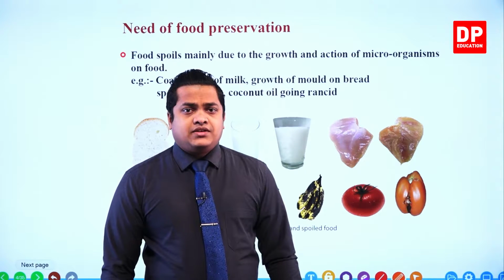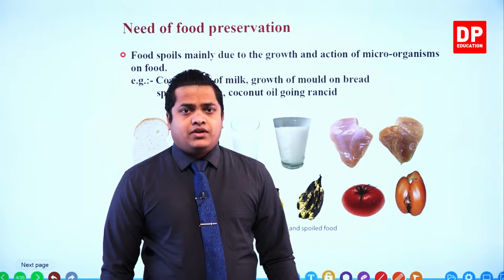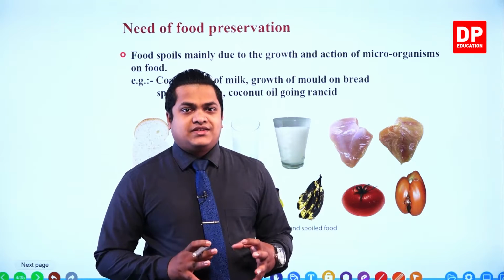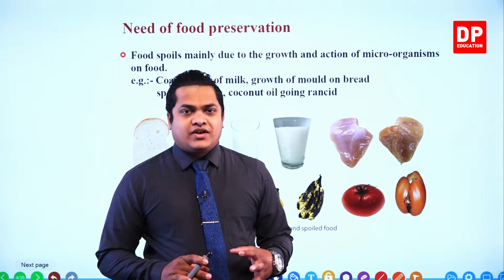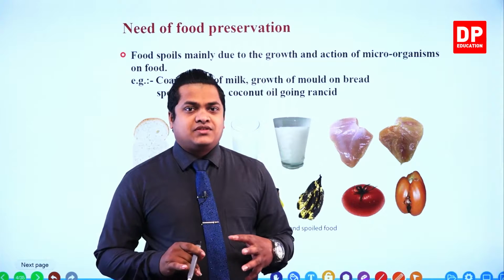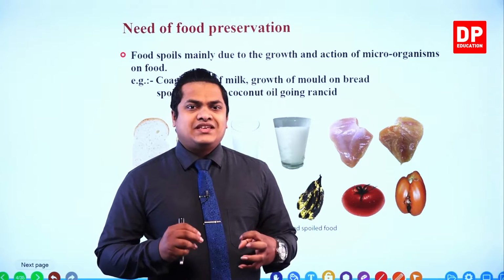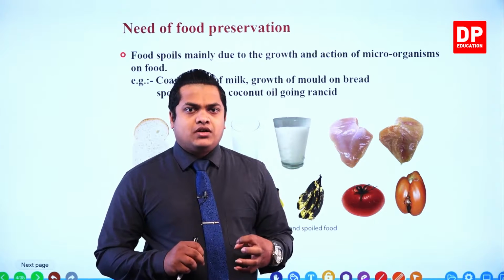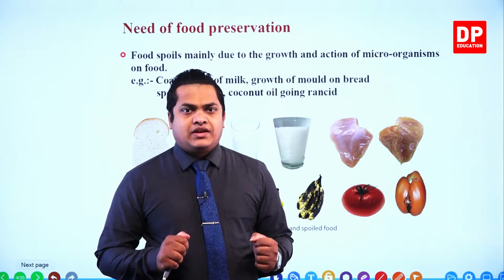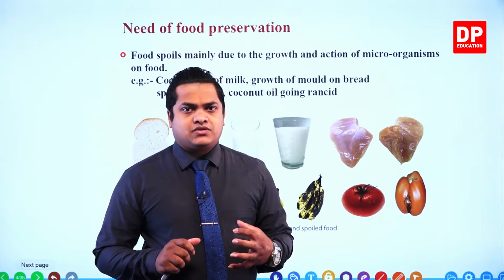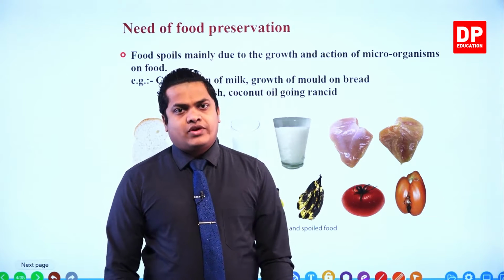If you taste it, you won't be able to drink it at all. Definitely you are going to vomit because it has a terrible taste. So all of these changes occur because of the coagulation of milk, which mainly happens because of the action of microorganisms.